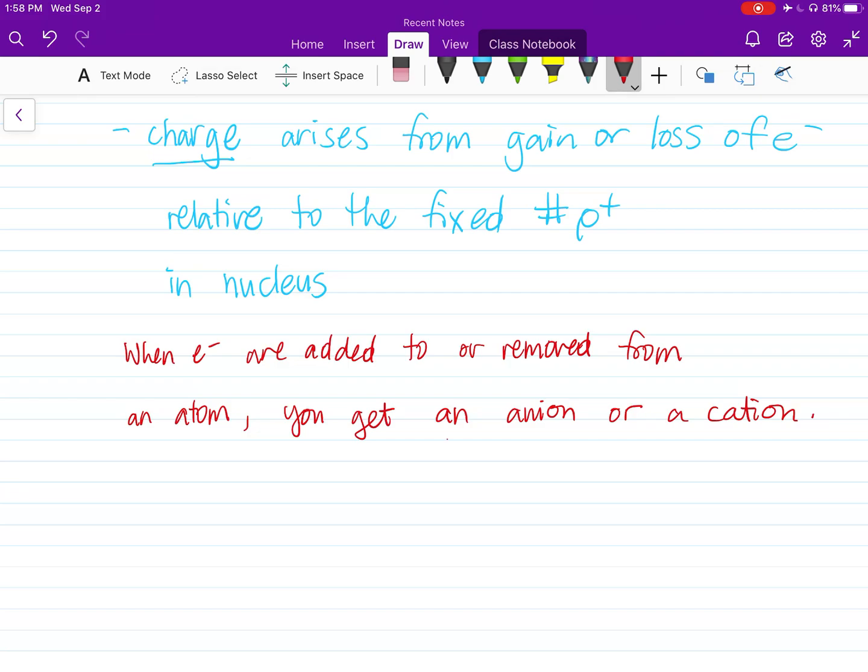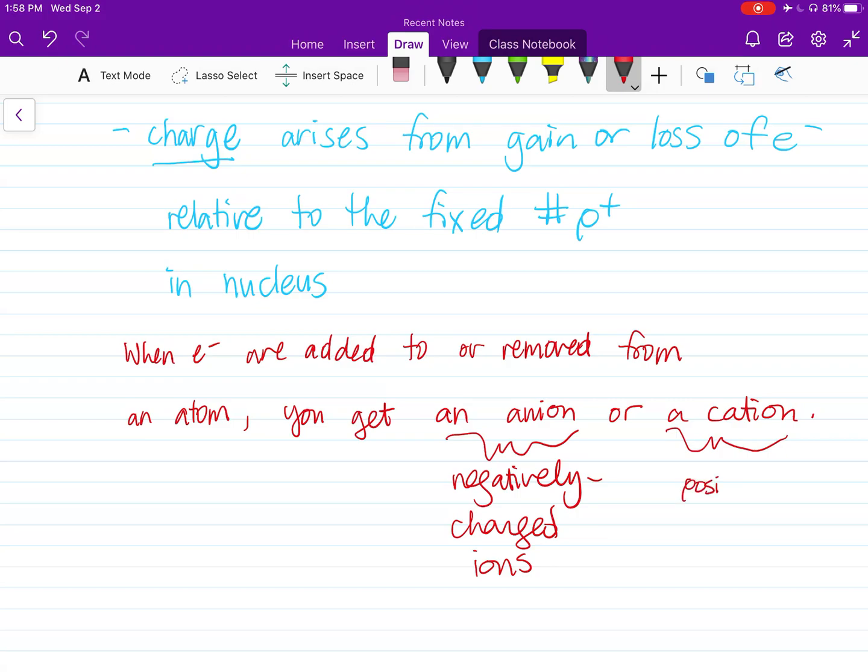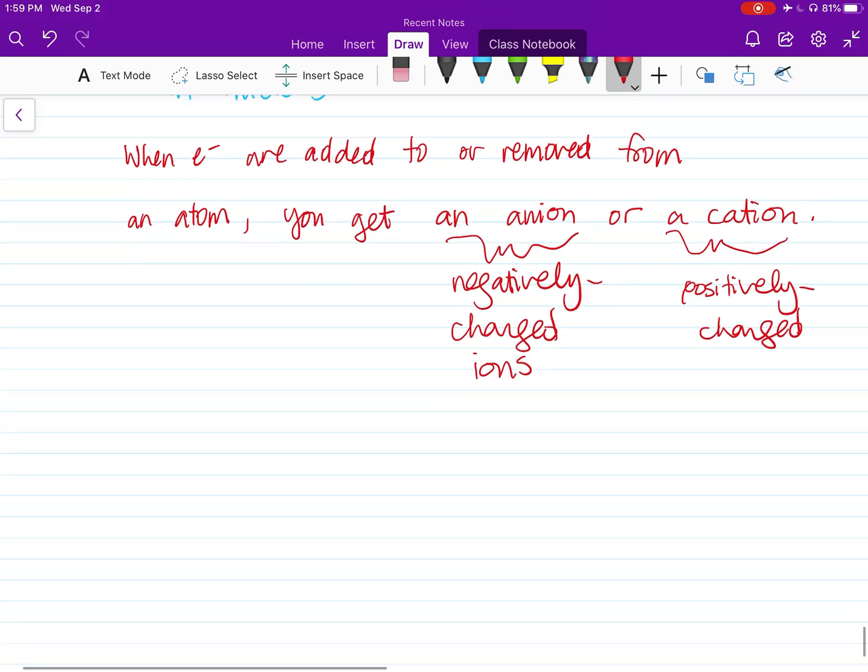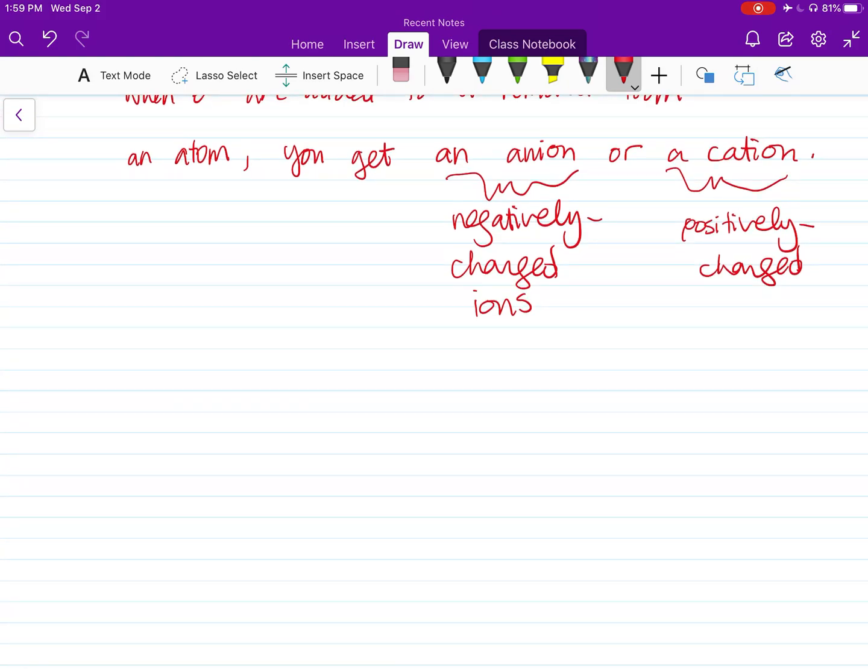An anion is just a negatively charged ion. So any particle with a negative charge is called an anion, and a cation is a positively charged ion. So anything with a positive charge is called a cation. And you indicate the charge with the right superscript. So let me give you an example.